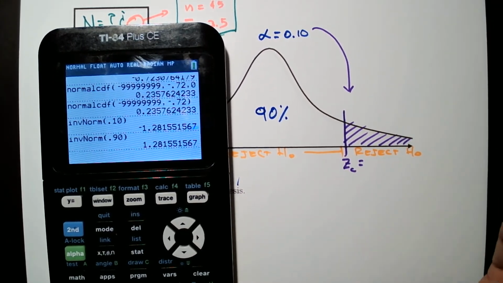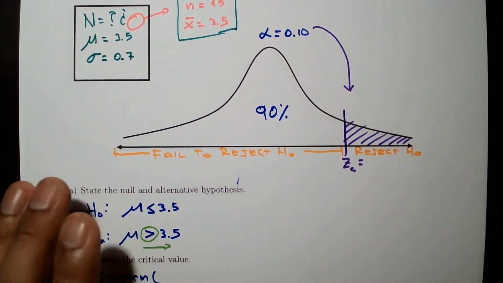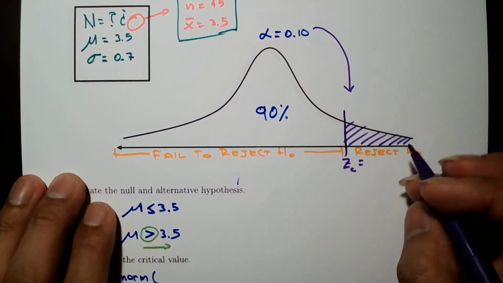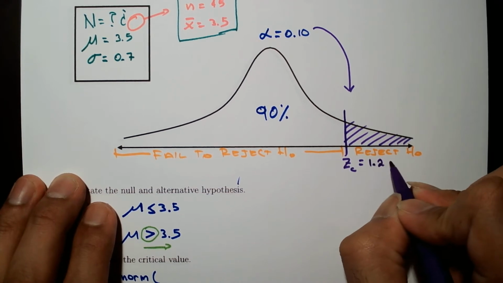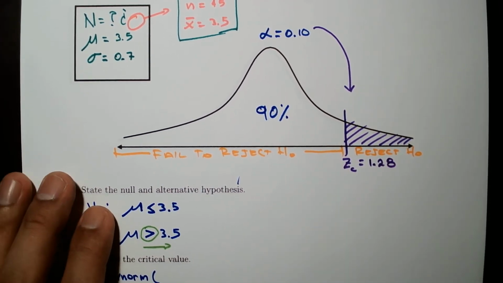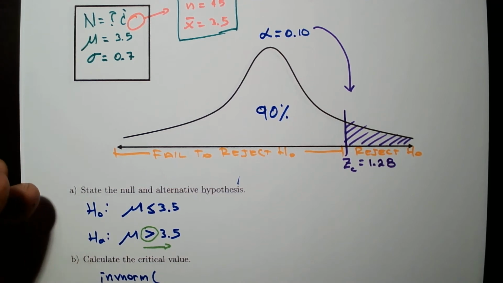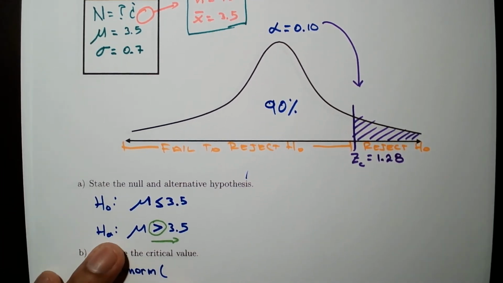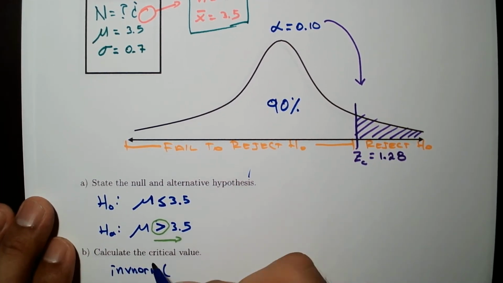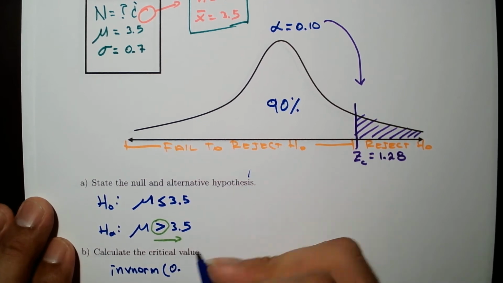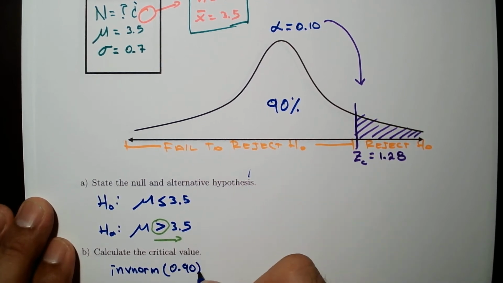Either way is fine. So in this case, the z critical is 1.28. So inv norm of 0.90 equals 1.28.